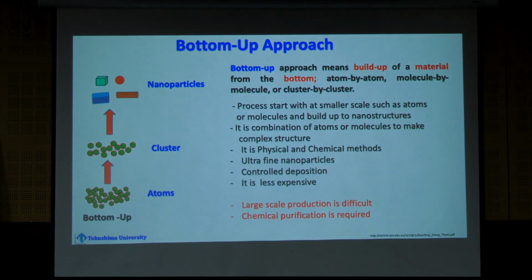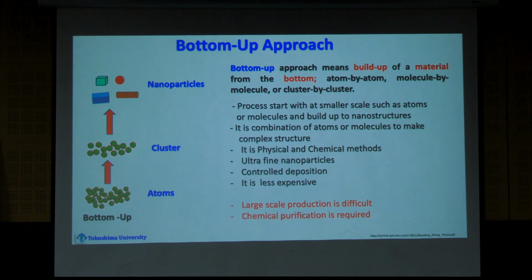Ultrafine nanoparticle is possible because reactions start from atom to atom. So possibility of getting the clean, clear structure, crystalline structure is very high. Controlled deposition is possible, comparatively less expensive because this kind of technique doesn't need sophisticated equipment.